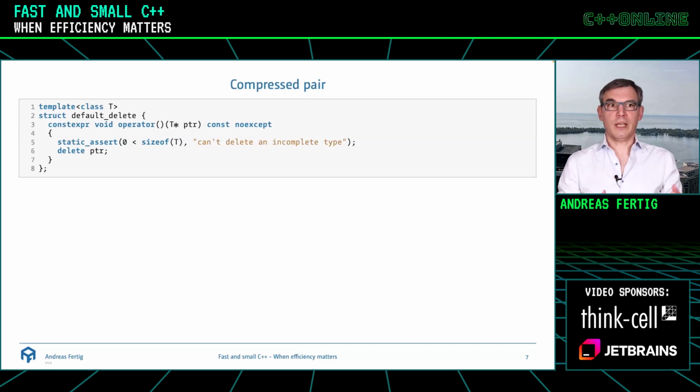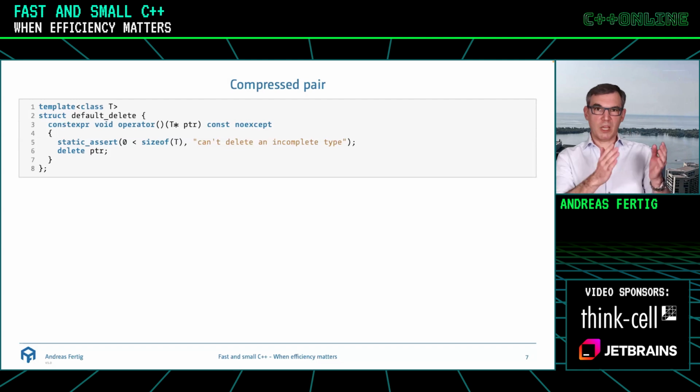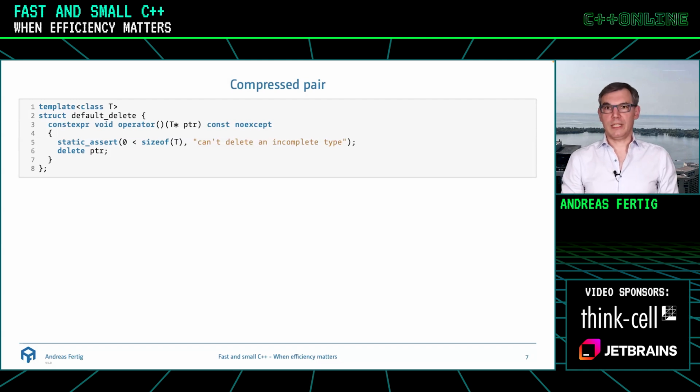It's once again a template, and internally all it comes with is a call operator, taking a T star and deleting the pointer value that I pass in. So every unique pointer you create has this default_delete in it, which then invokes the standard delete.